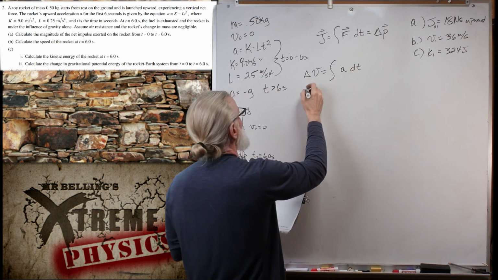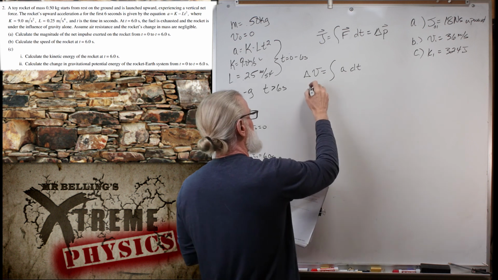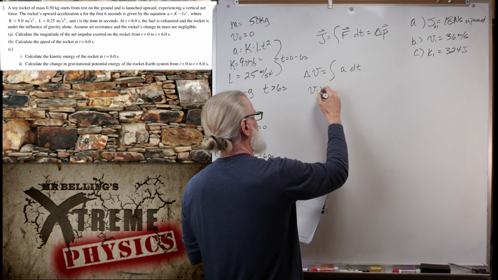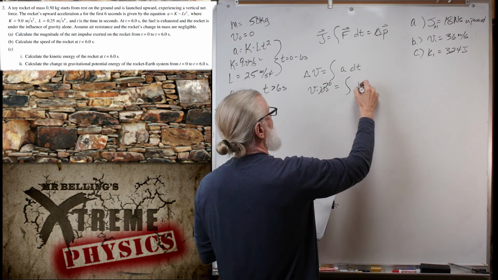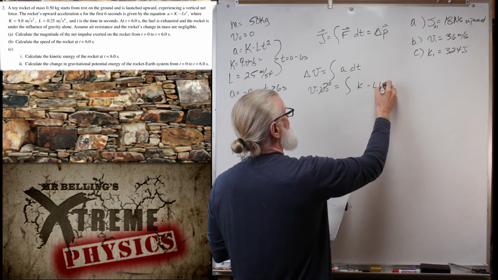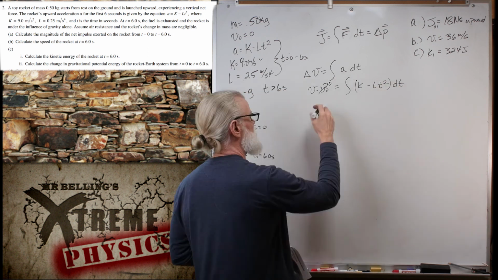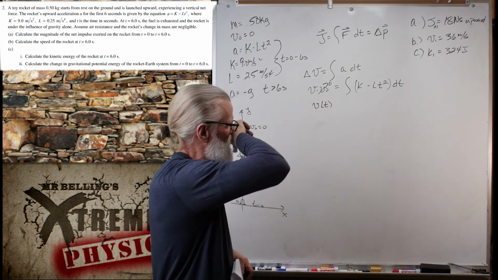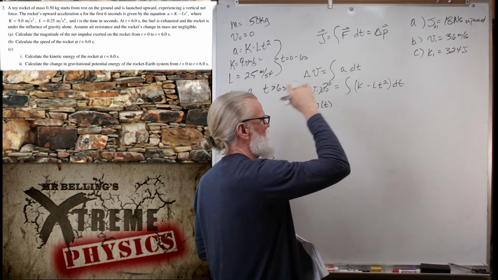In this case, the initial velocity is 0, so this would just be v, because it's v minus v0, but that 0 equals the integral of k minus lt squared dt. Really, we're looking for v of t. We're looking for a function, because we really want a position function to figure out how high it went.